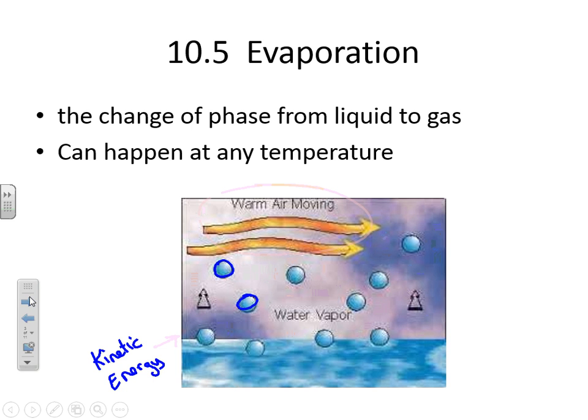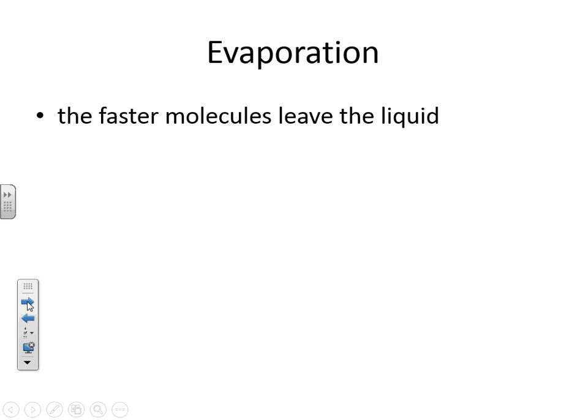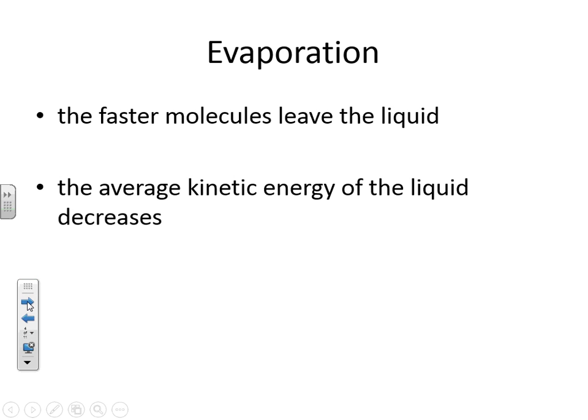Evaporation can happen at any temperature. It happens more slowly at a lower temperature and more quickly at a higher temperature. In evaporation, the faster molecules leave the liquid. The average kinetic energy of the liquid decreases.